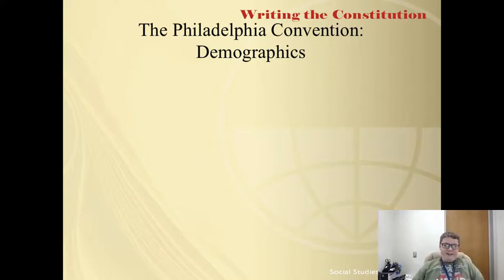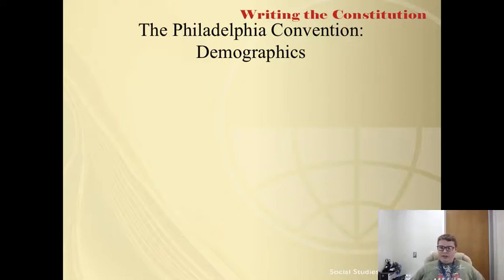The Philadelphia Convention delegates. The delegates to the Philadelphia Convention had many things in common. First, most were wealthy and had significant economic interest in the convention's outcome. Some historians have speculated that ultimately the Constitution served more to protect their economic rights than to establish a plan of government.